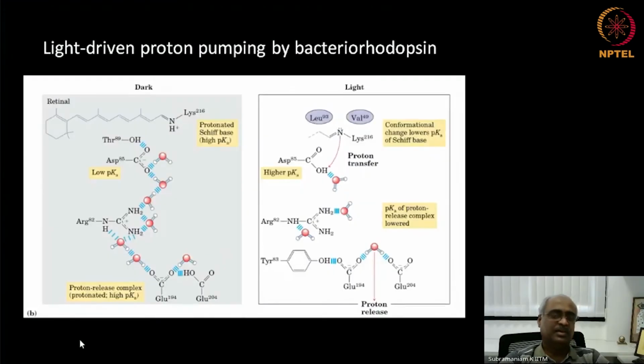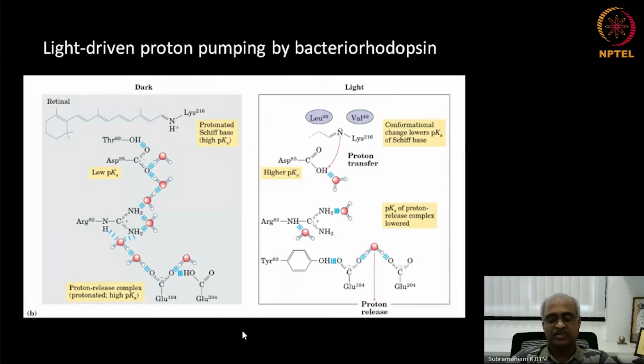So a little bit of detail about this proton pumping. This is primarily because we learned what is proton hopping, right? This water is slightly ionized, and that proton is readily taken up by a water molecule forming a hydronium ion.